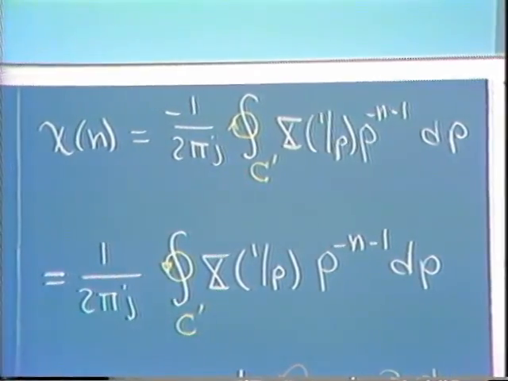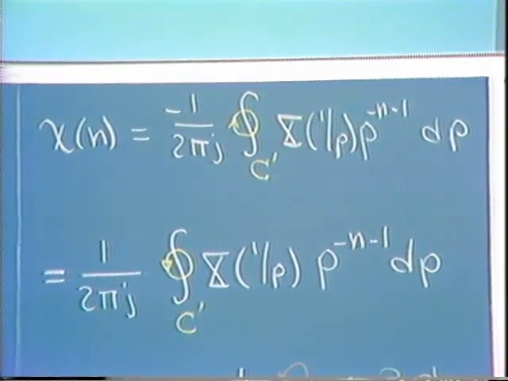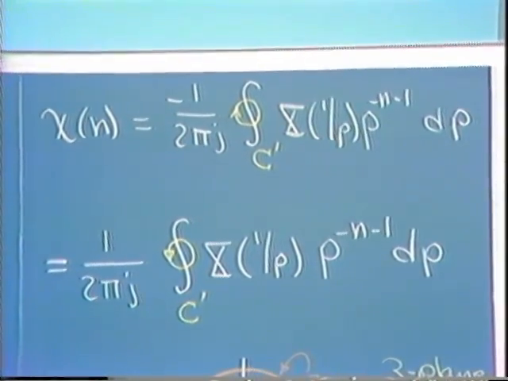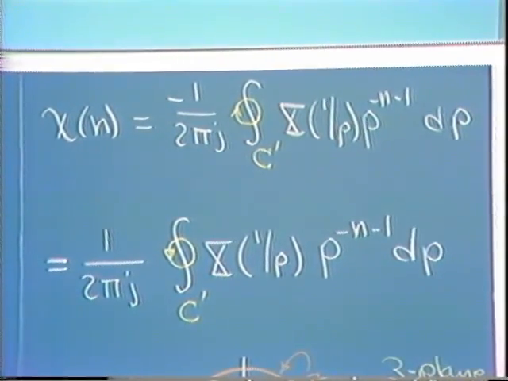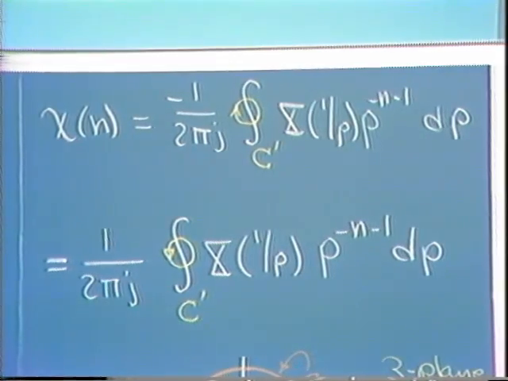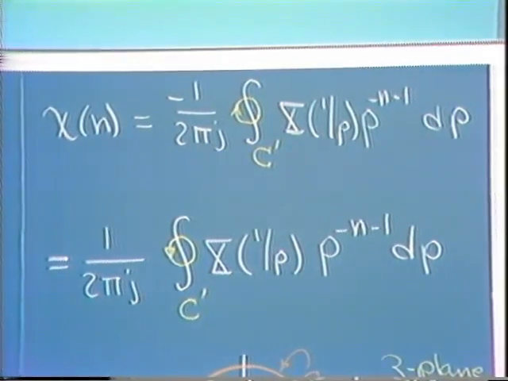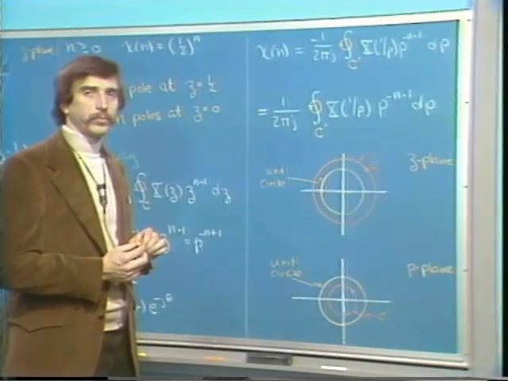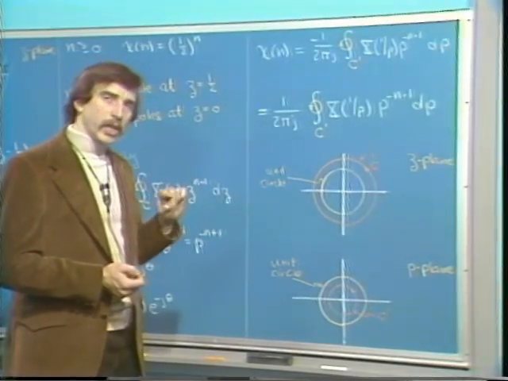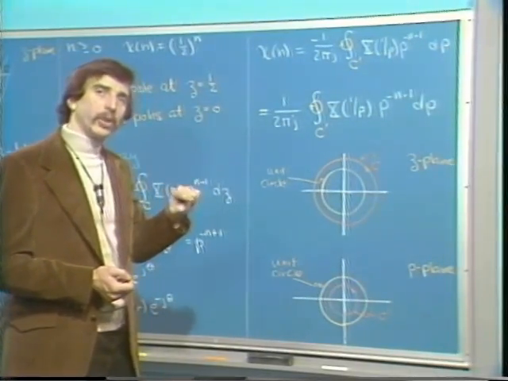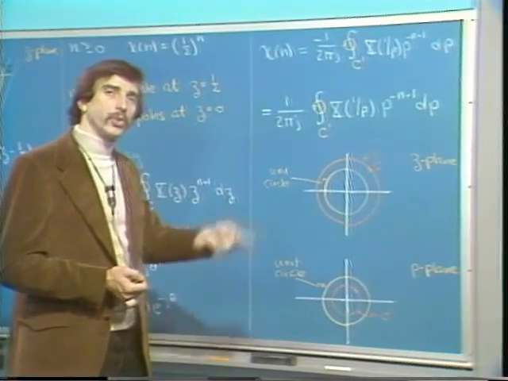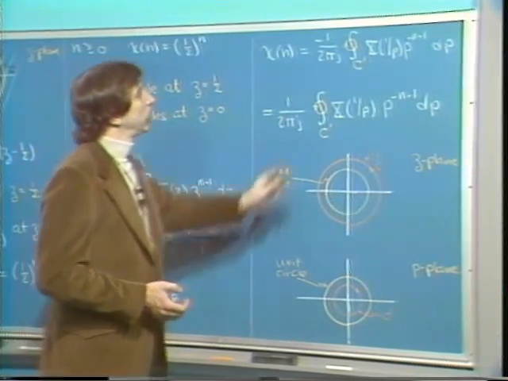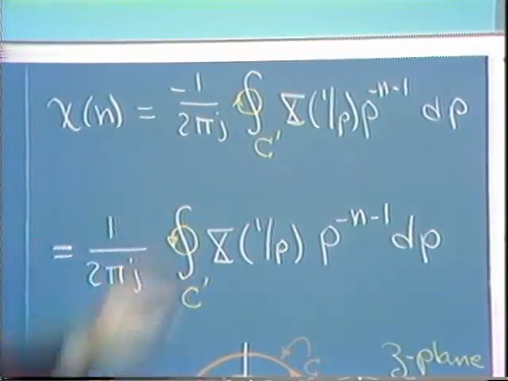And what happens to the contour? Well, the contour previously was, let's say, r e^(j theta). Let's take it as a circular contour. So the contour now is 1 over r e^(-j theta). That means, as one consequence, that our old counterclockwise contour turns into a clockwise contour. So that's what I've indicated here.